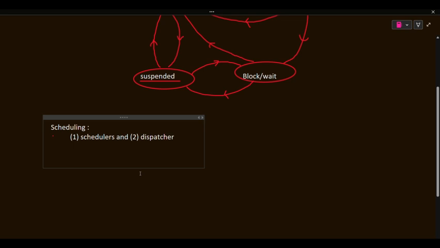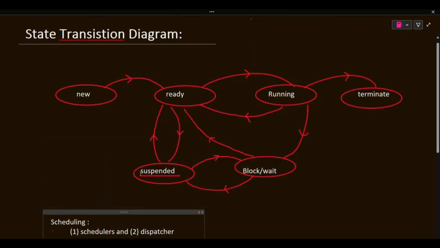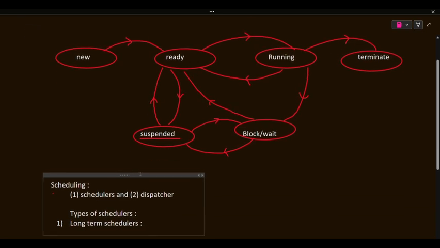There are mainly three types of schedulers. The first one is the long-term scheduler. The long-term scheduler is responsible for deciding which processes in the new state have to be transferred to the ready state.